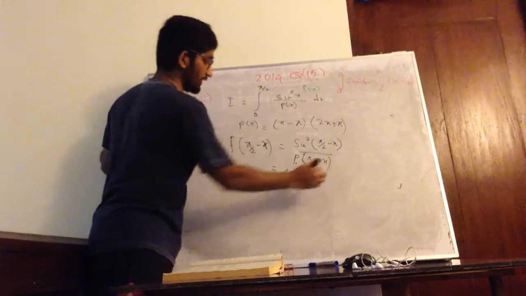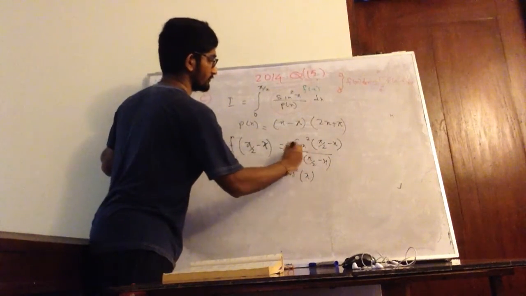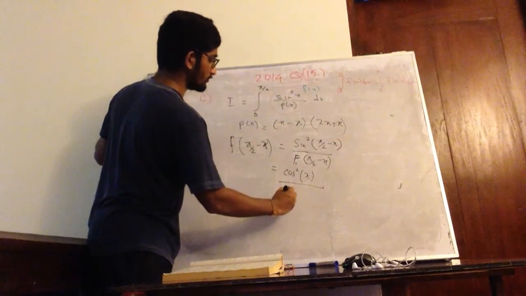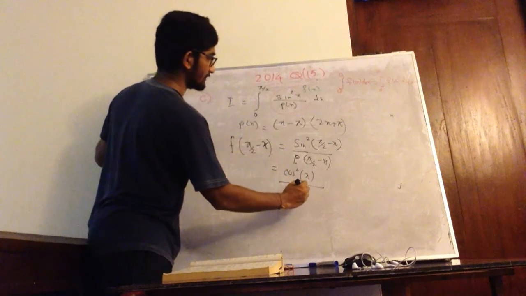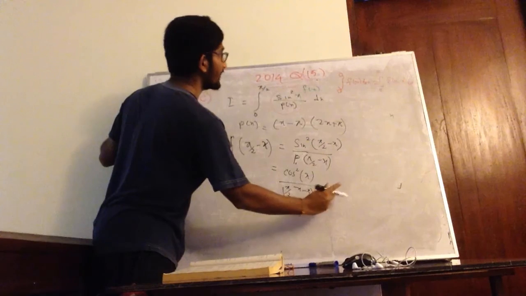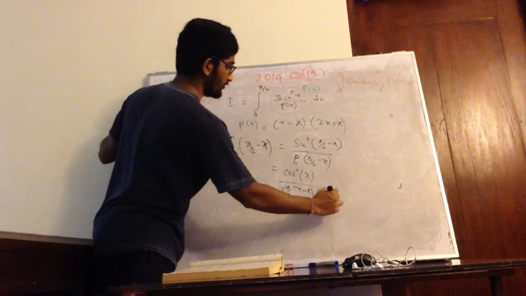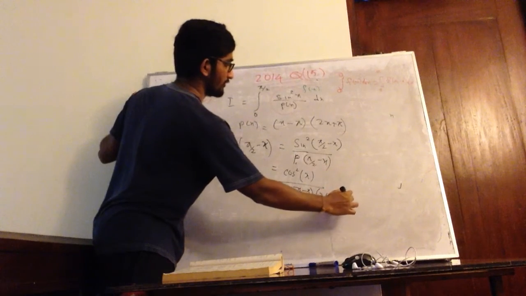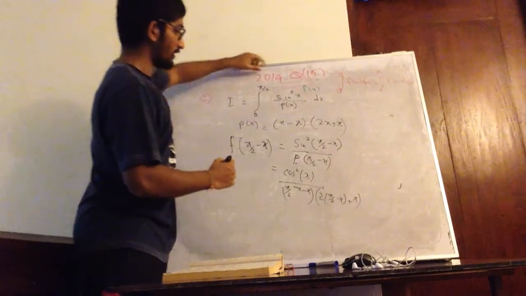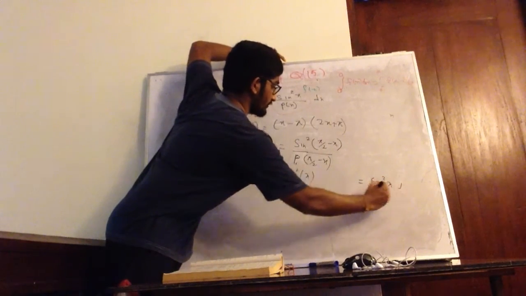Now what happens to p(x)? x becomes pi over 2 minus x, minus pi, and 2x is replaced by 2 times (pi over 2 minus x), plus pi. Here you will get cos squared x.